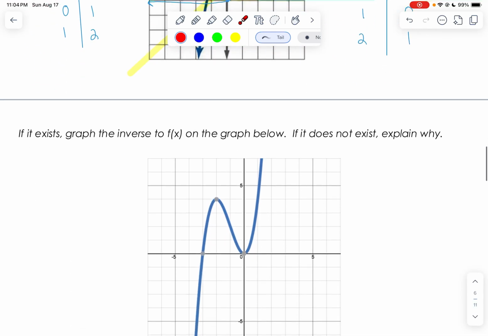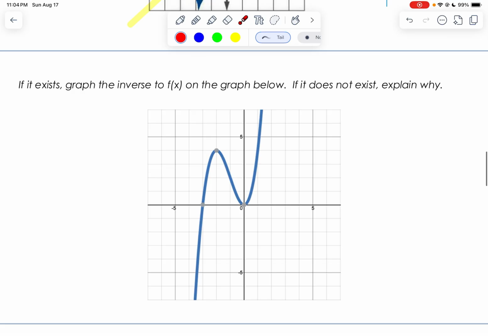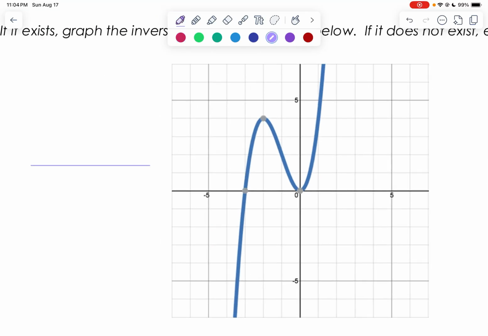Now, I have a function here, and it says if it exists, graph the inverse to f of x on the graph shown below. And if it doesn't exist, then I need to explain why. Now, as I go through here, let's just go ahead and pick some points. So what I have here is f of x.